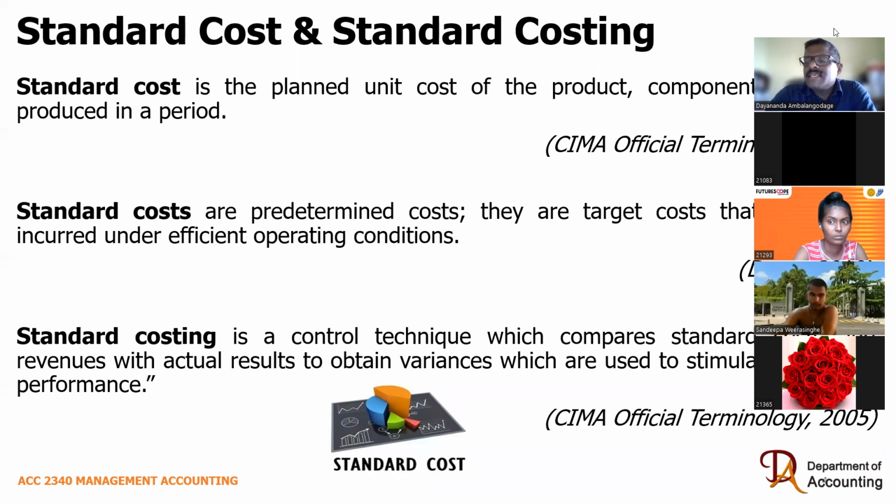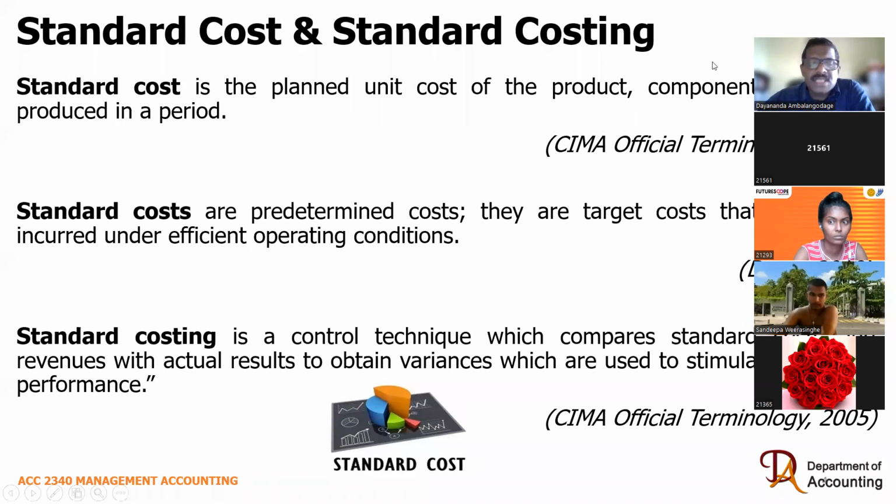If there is an adverse variance, we call it an unfavorable variance, then our operating system or the operating condition, factory conditions, factory operations, production which has taken place in your factory, is not efficient. You got my point. So thereby, since we are preparing standards under efficient operating conditions, if you get a favorable one, that means unexpected things have really happened.